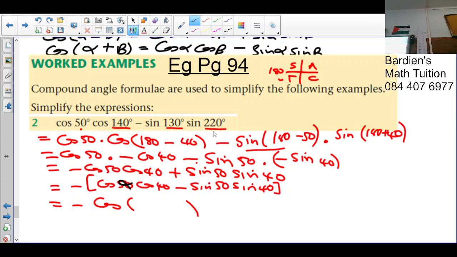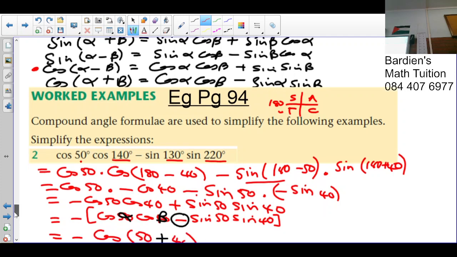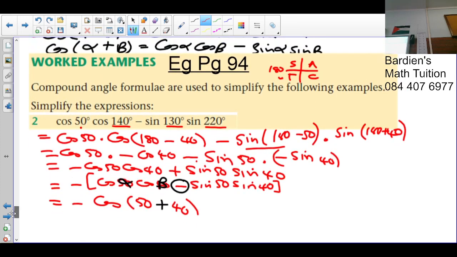It was alpha, beta. If it is a minus, it must be plus. So what is this going to be? 50 plus 40. Now why do you tell me it's number 3? No, it is number 4. Okay, now what is 50 plus 40? 90. And what is cos of 90? 0.